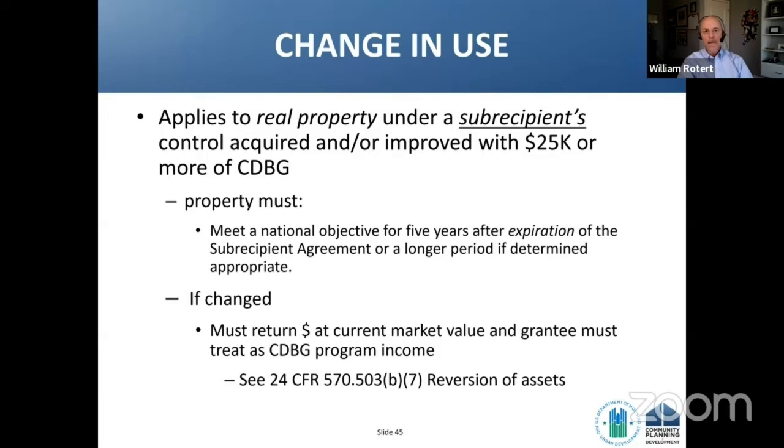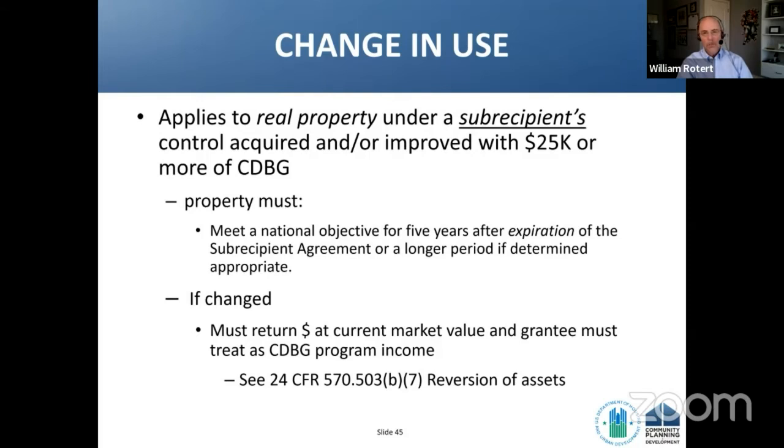Property must meet a national objective. National objectives: low and moderate income benefit, slums and blight, urgent needs. So that property must continue to be used in a way that meets at least one of those 3 national objectives for 5 years after expiration of that subrecipient agreement that you executed with them. Or it could be longer than that if you determine that it's appropriate.